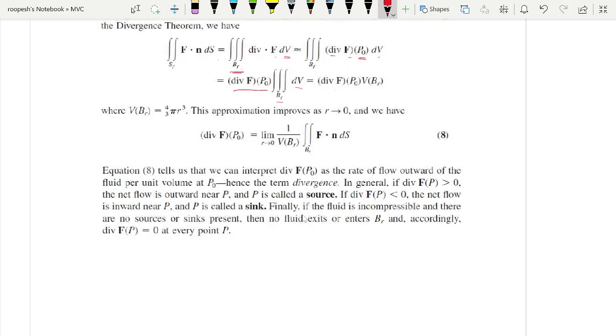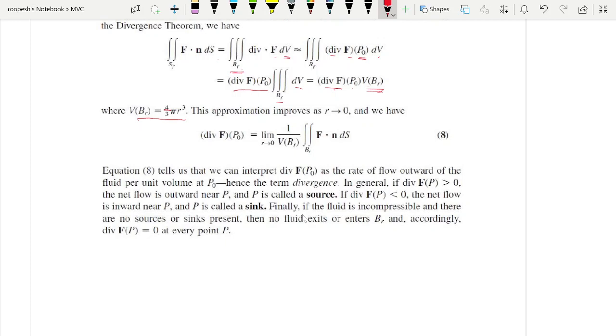Now what's remaining is V of BR, the volume of BR. Now BR is a sphere with center P naught and radius R, right? So its volume can be calculated as 4 by 3 pi R cube.